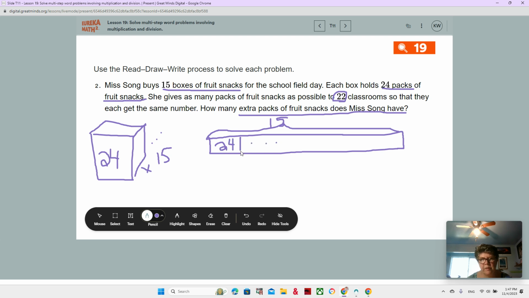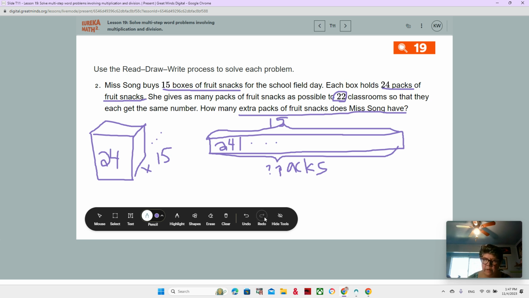So we could figure out how many packs of fruit snacks that would be, right? And the way we could do that is 15 times 24.